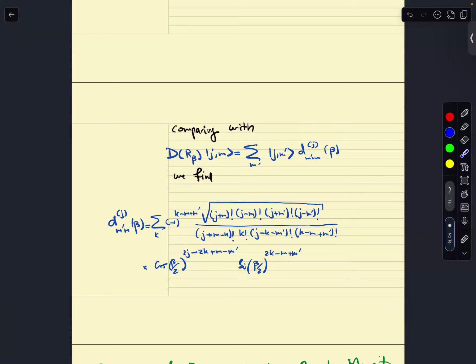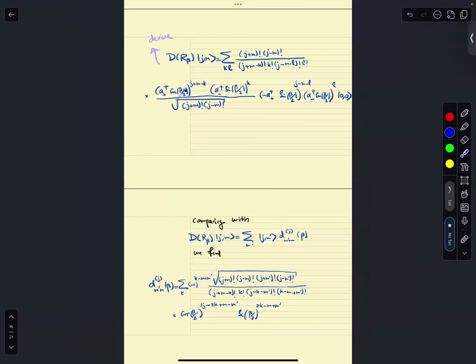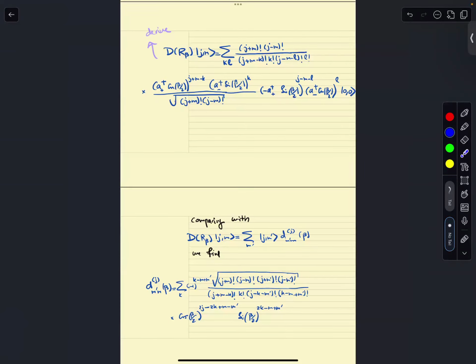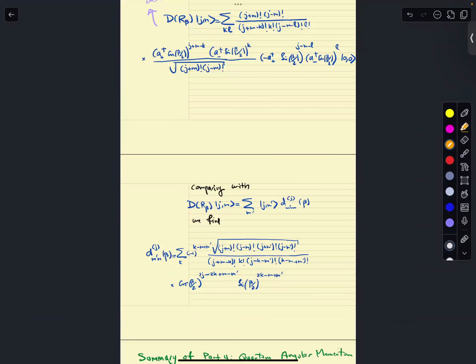And beta is the angle. To find these matrix elements, well, we just did find them. You just take the state and write it this way, and you find that these matrix elements could be written explicitly in this form.